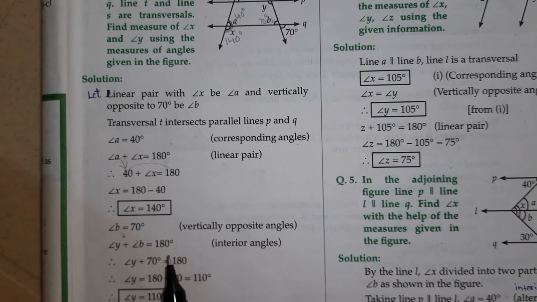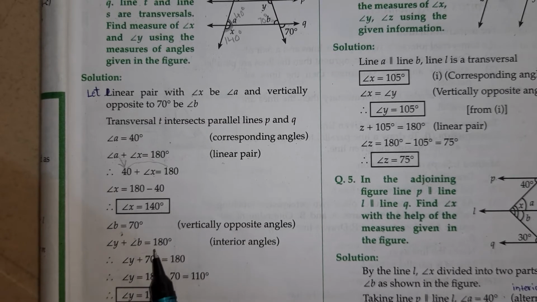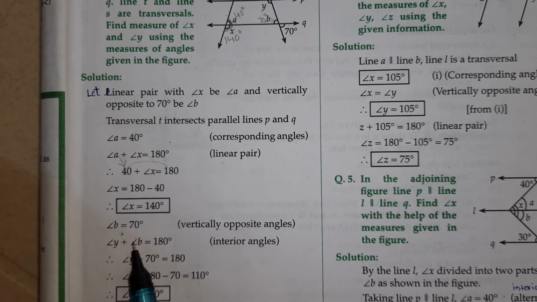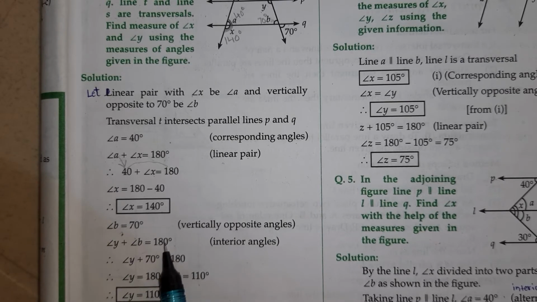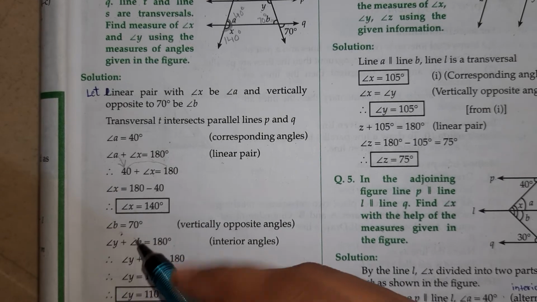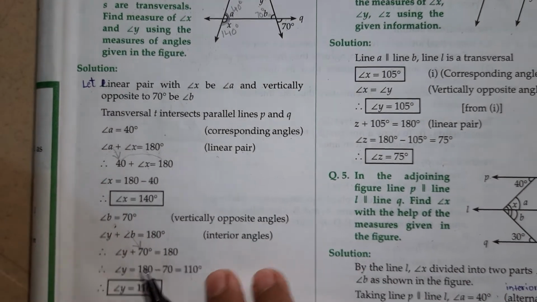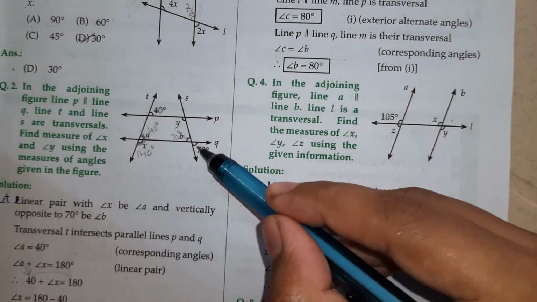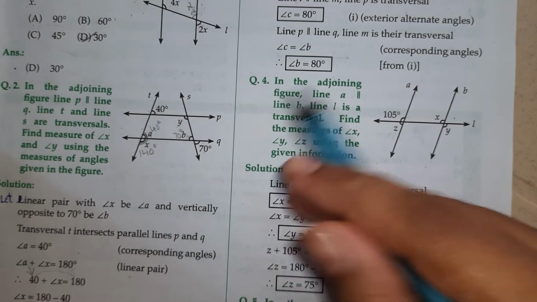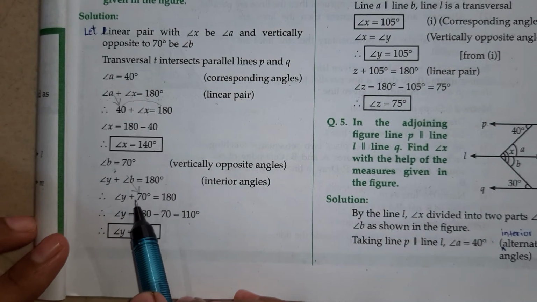And the property of interior angles is that they are supplementary, meaning their addition is 180 degrees. So B plus Y is 180 degrees. B is 70, because it is vertically opposite to this angle.